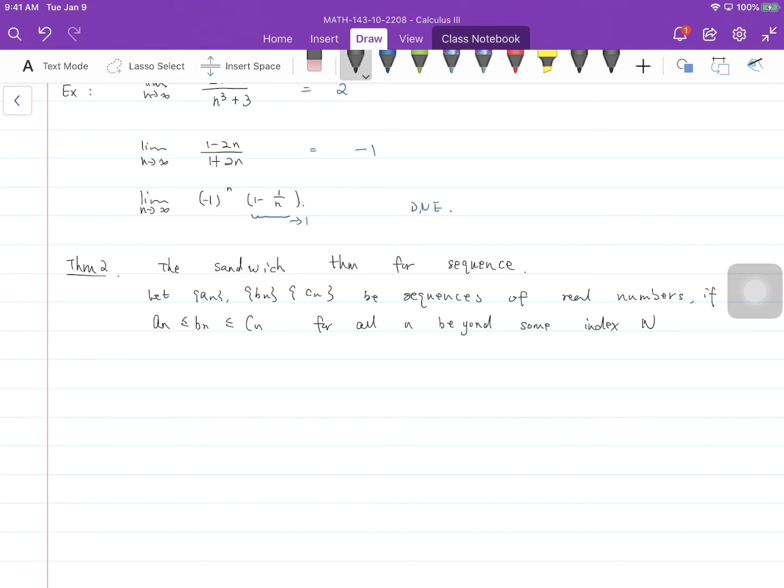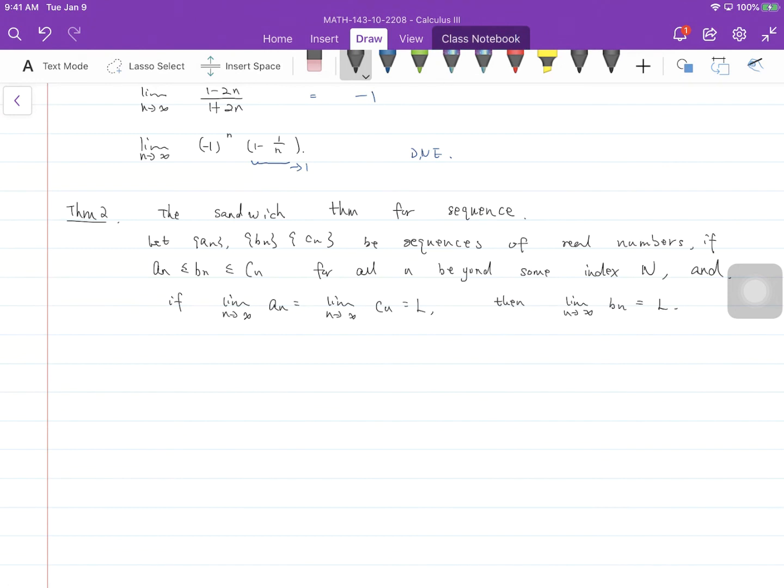It's just for some certain, like when n goes to large, it's in between An and Cn. That's okay. And if the limits of An and Cn are the same thing, then Bn goes to the same limit. So it's called a sandwich because Bn is in the middle, and also it's called a squeeze theorem. So when An and Cn are squeezing, Bn goes to the same limit. Okay, so this is the conclusion.